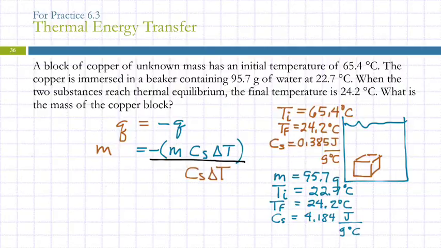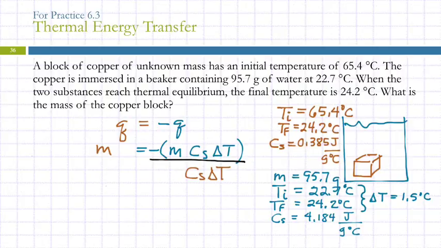It's probably best to calculate the ΔT separately instead of sticking it in there as this minus that. So from these two numbers, I get the change in temperature. It's the final minus the initial. 24.2 minus 22.7. That's 1.5 degrees Celsius.